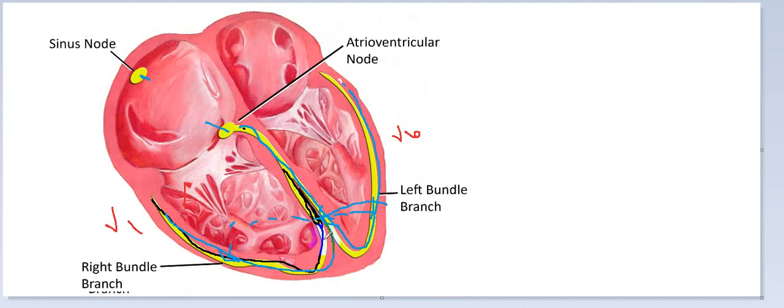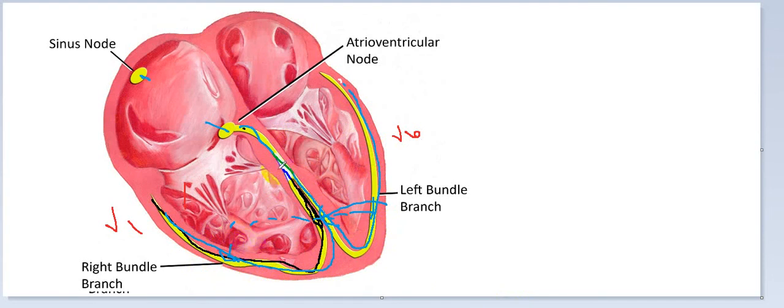And so in right bundle branch block, you see here the right bundle branch, compared to the left, the left ventricle is much bigger, much stronger, contracts stronger than the right ventricle. So the right bundle branch is a very thin filament.